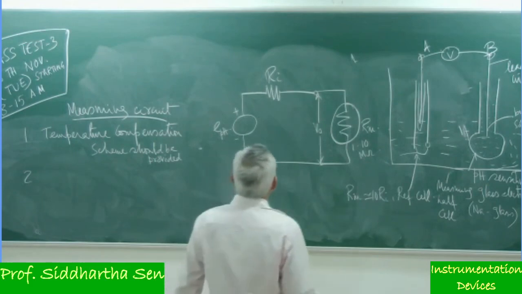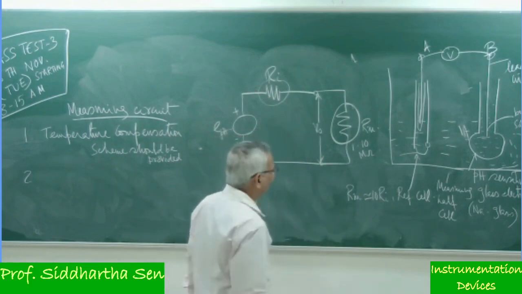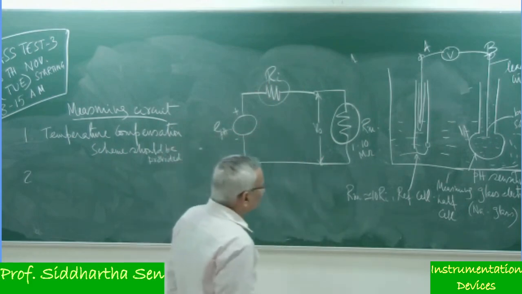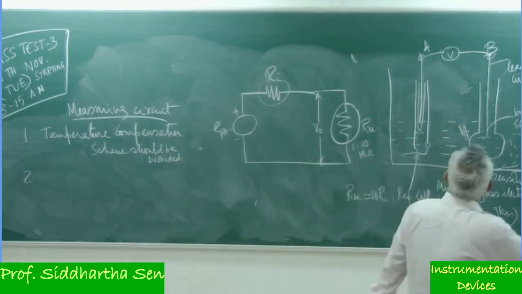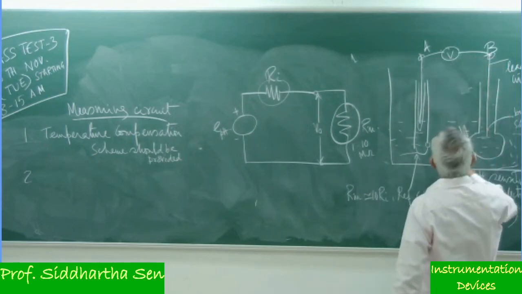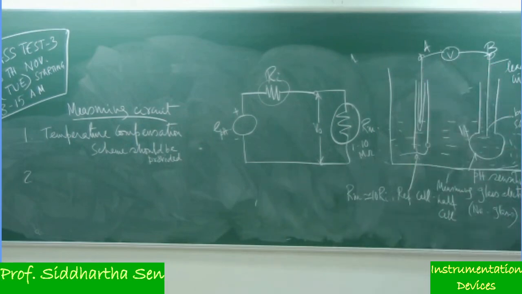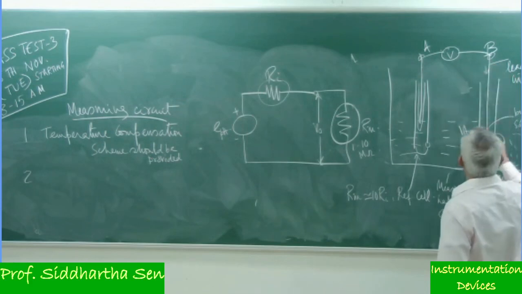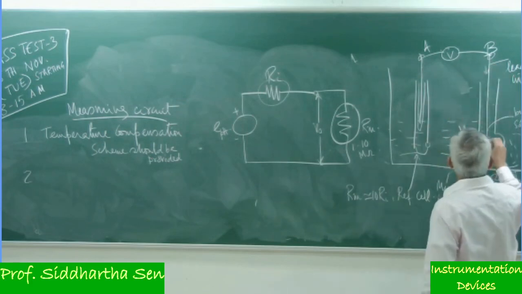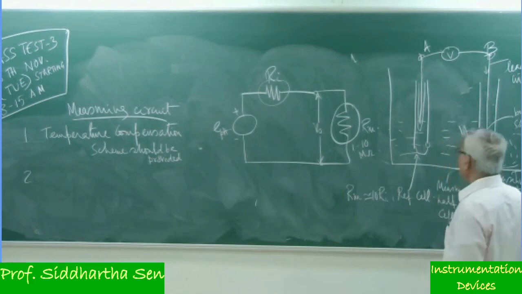Now the question is, what is the value of Ri? If we look into this, suppose between this point to this point, there would be a very small amount of current flowing through that. But if it has to pass a current through this path like this and go through it, the current has to pass through the glass electrode.